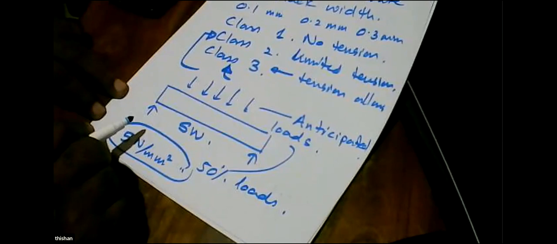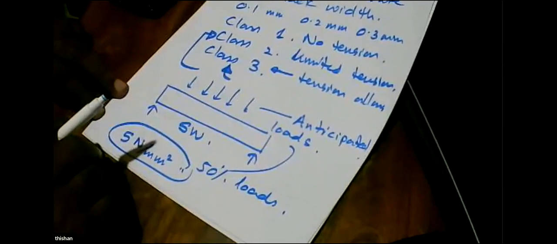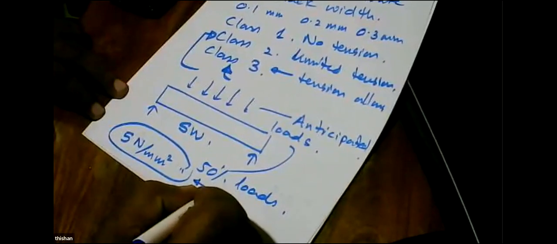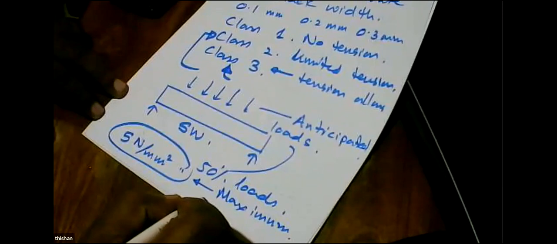And if you can do a crack width calculation and show the width as low as 0.1 millimeter or 0.2 millimeter, you will find that even that type of bridge can last a long time without any problem, because we calculate this stress under the maximum load that we anticipate.